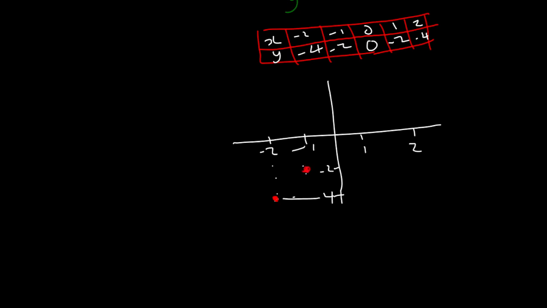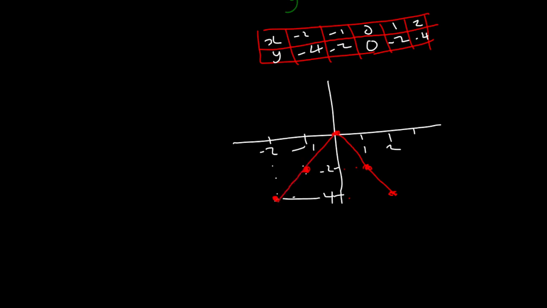So 0 0 is this point. 1 and -2, they meet right here. 2 and -4, 2 is far, so let me try and bring it closer. The point will be possibly here. So let's try and join the points.